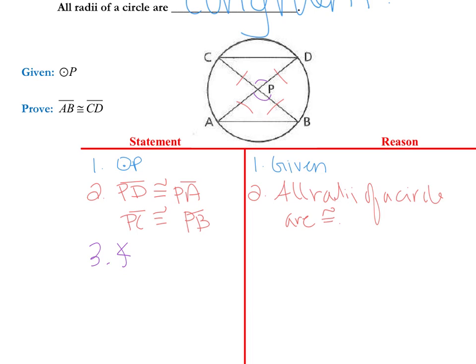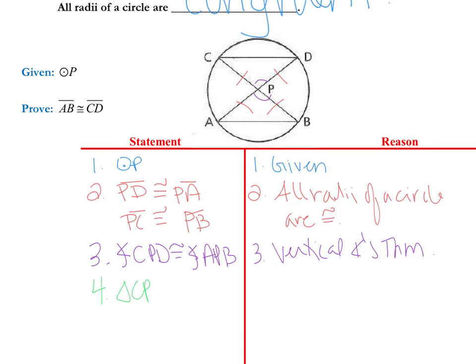So angle CPD is congruent to angle APB by the vertical angles theorem. And now we can prove the two triangles congruent.